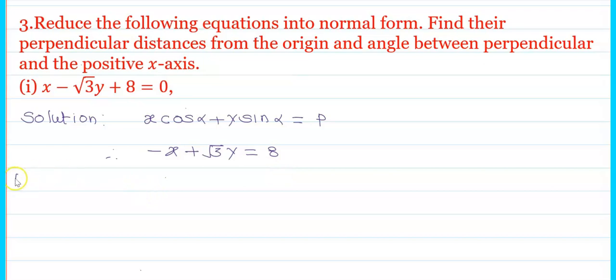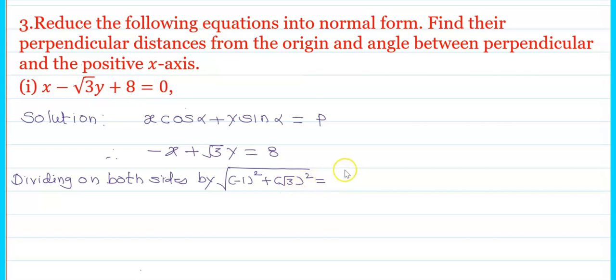Now dividing on both sides by the square root of (minus 1) squared plus (root 3) squared, which is 1 plus 3, that is 4, and the square root is 2.